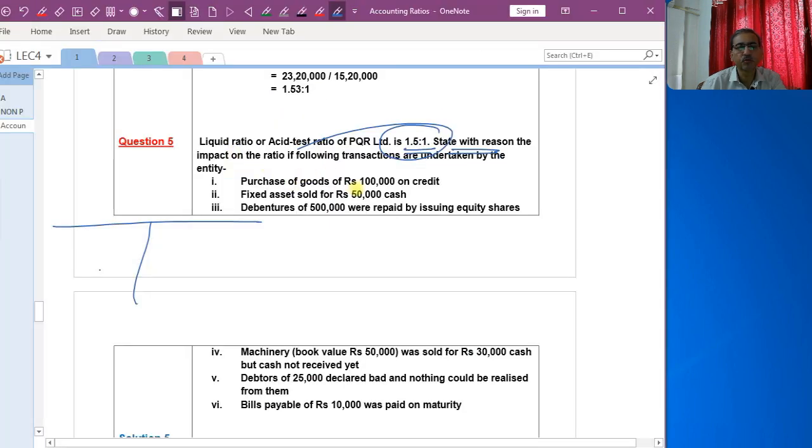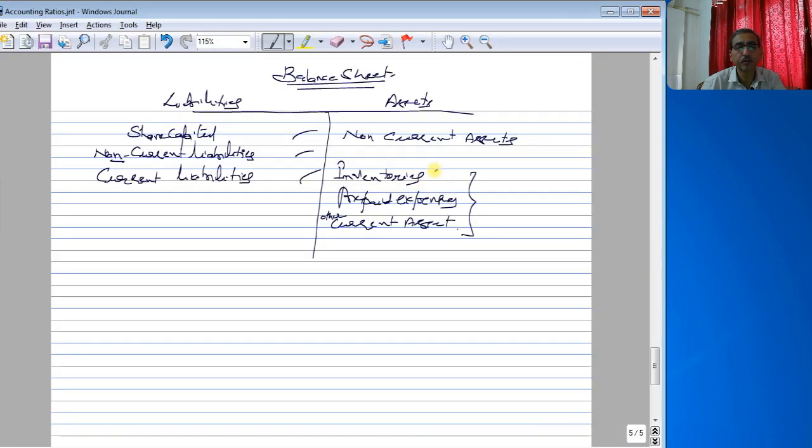Now the purchase of goods of rupees 1 lakh on credit means the inventories will go up. And now here write quick assets upon current liabilities. The first is purchase of goods on credit.